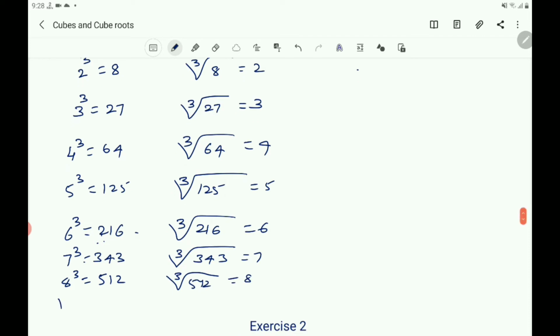Similarly, you can write the cube root of 729, that is the cube of 9. 9 cube equals 729, and cube root of 729 equals 9. Similarly, you can write 10 cube equals 1000, cube root of 1000 equals 10.